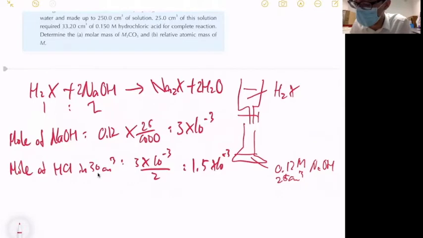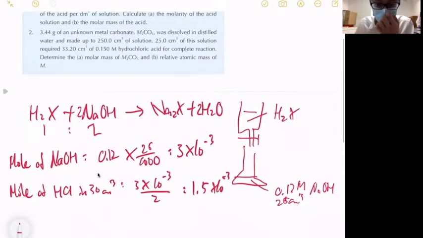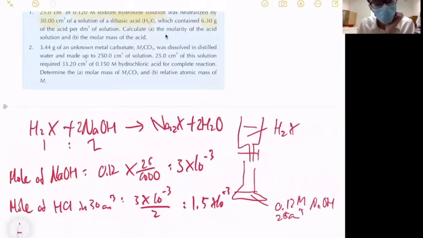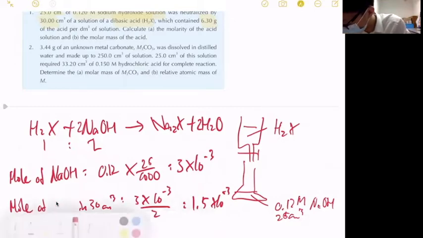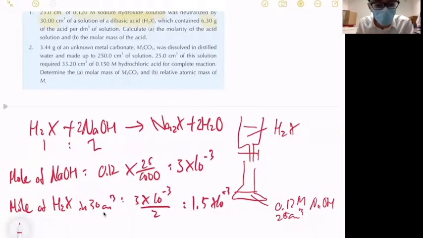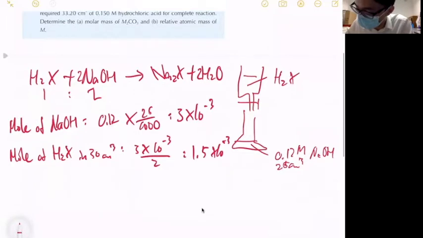So based on this information, now you're asked to calculate the molarity of the acid. We know the volume, we know the number of moles, not HCl, sorry, it should be the H2X. So we will know the molarity.